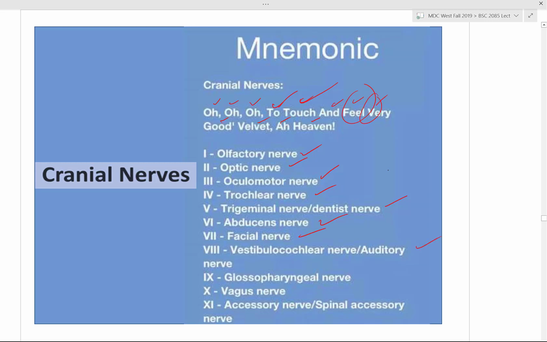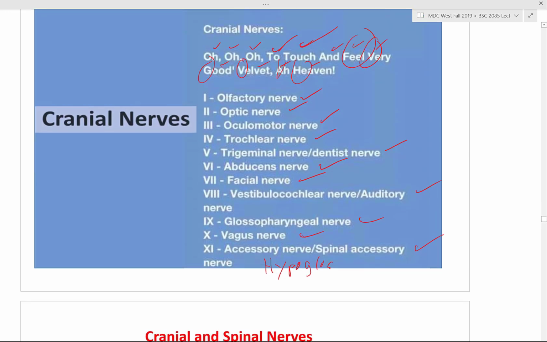The next one, G for good, is glossopharyngeal. V for what? Vagus nerve. A is for accessory. And H, which is not here, is known as hypoglossal. Okay? So those are your cranial nerves. You need to know those.